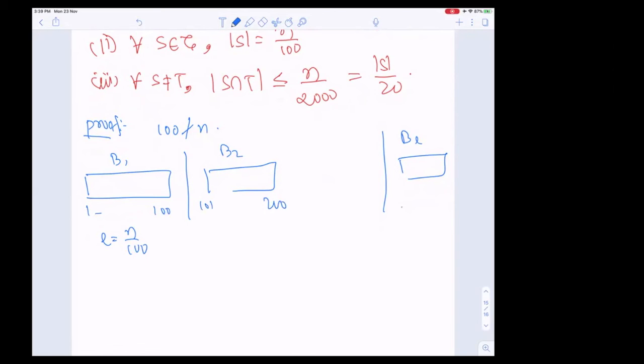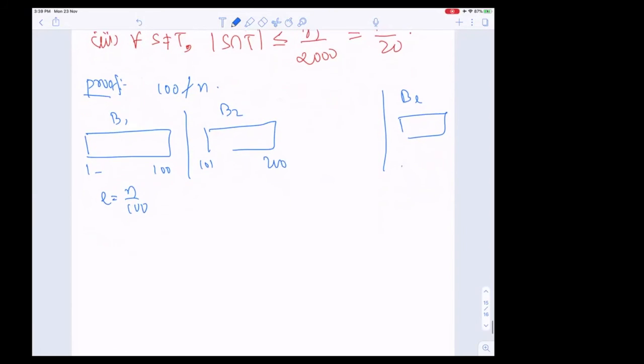My bucket B_k is going to be 100(k minus 1) plus 1 to 100k, where k is between 1 and n over 100.